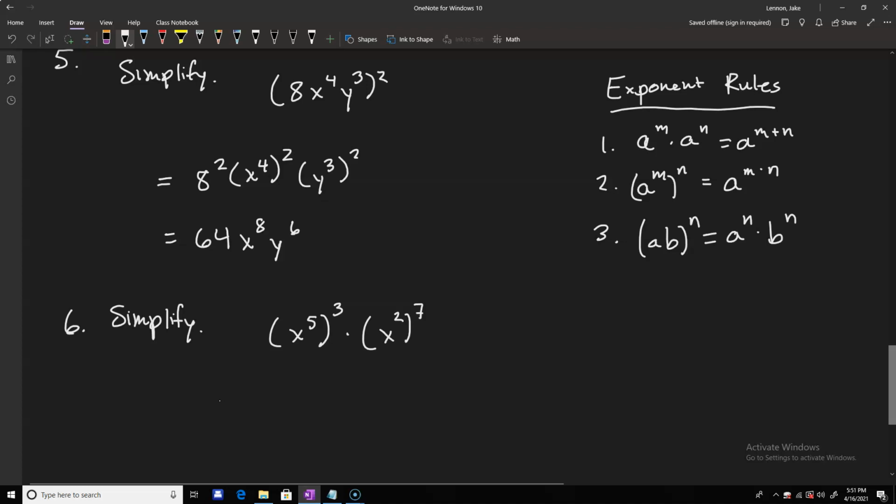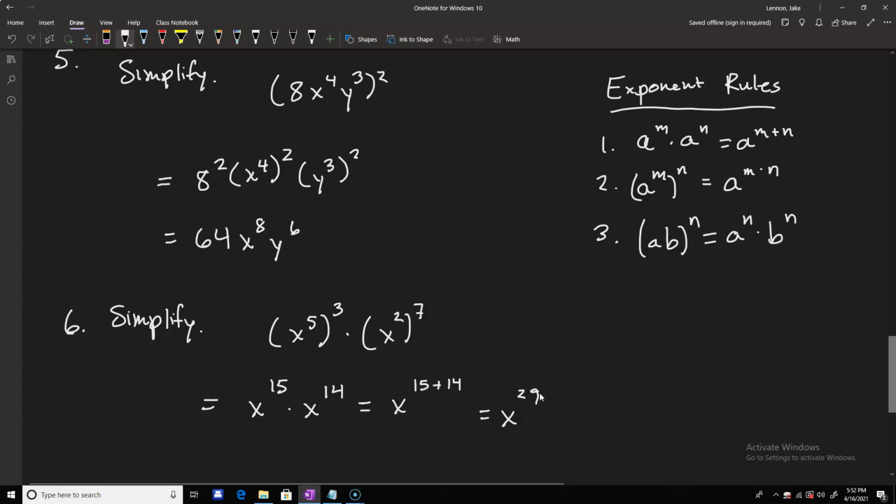So the first thing is multiply the exponents of each of the two factors. So 5 times 3 makes it x to the 15th. And the second one, 2 times 7, is x to the 14th. Now, they both have a base of x, so we can apply rule number 1. So we're going to add those two exponents. So this will be x to the 15 plus 14, or x to the 29th. And that is how you simplify number 5.